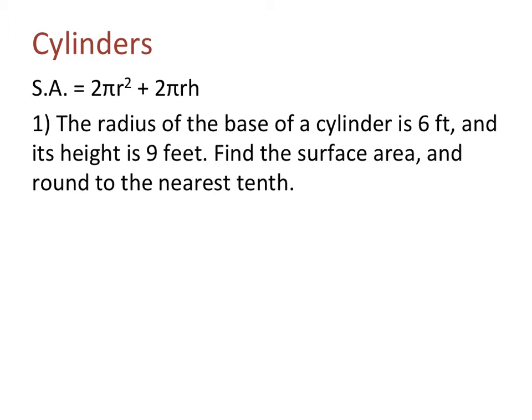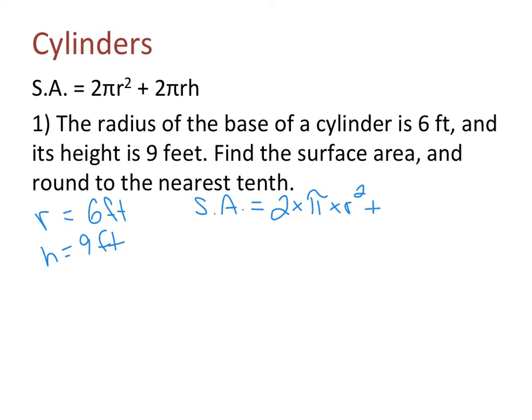So using our formula, let's plug in what we know. I'm just going to write on the side that our radius is 6 feet, our height is 9 feet, and surface area equals 2 times pi times the radius squared plus 2 times pi times radius times height.